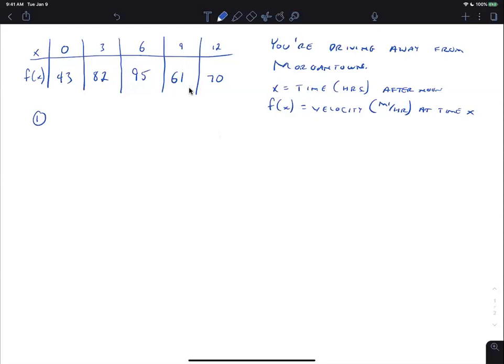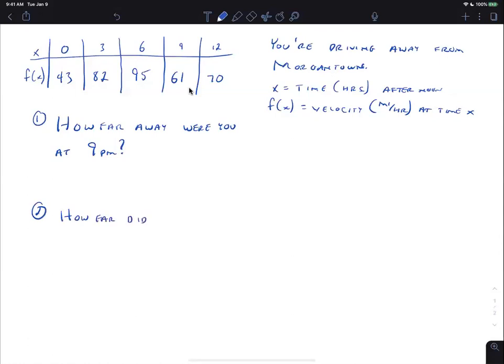So the first question, we're going to approximate these, but the first question is, how far away were you at 9 p.m.? The second question is, how far did you drive from 6 p.m. to 9 p.m.? And then we'll answer a third question here in a few minutes.